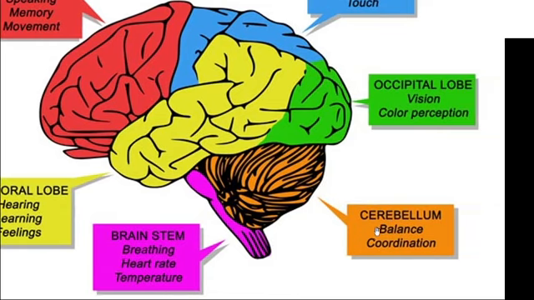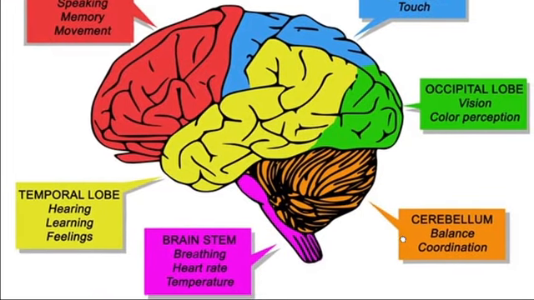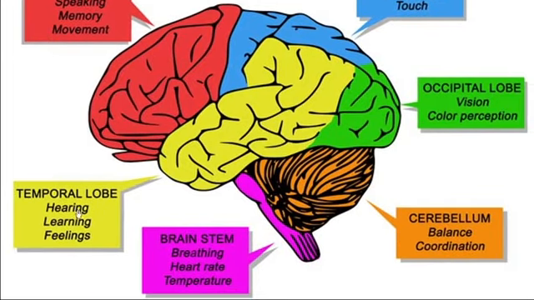This is the cerebellum. Cerebellum, the small brain. It is concerned with balance and coordination. But the problem is this: this one is hearing, learning, feeling, and this part should also be concerned with balance, because it is located in the ear region, because our ear is concerned with balance.